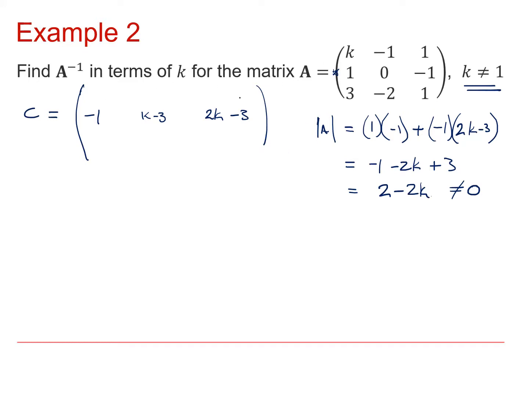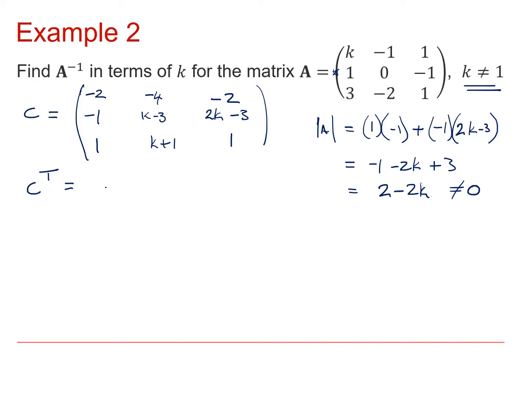So filling the rest of these in then, I'm going to get minus 2, minus 4, minus 2 from the first row, and I'm going to get 1, k plus 1, and 1 from the last row. I now want the transpose of that, the adjoint matrix.